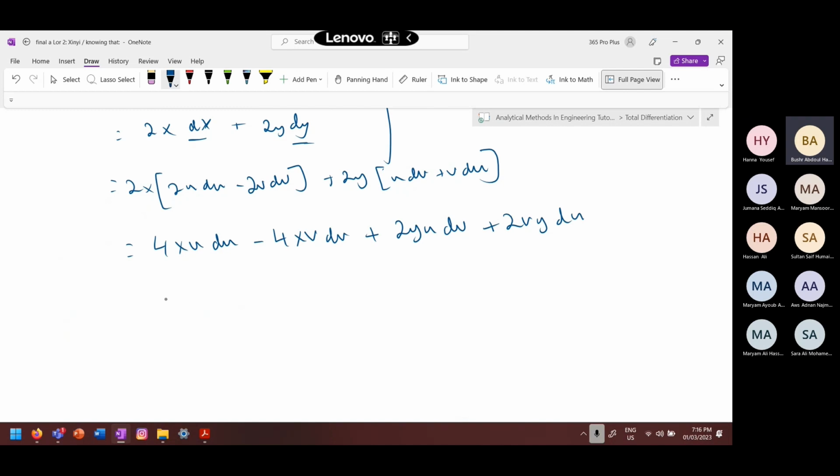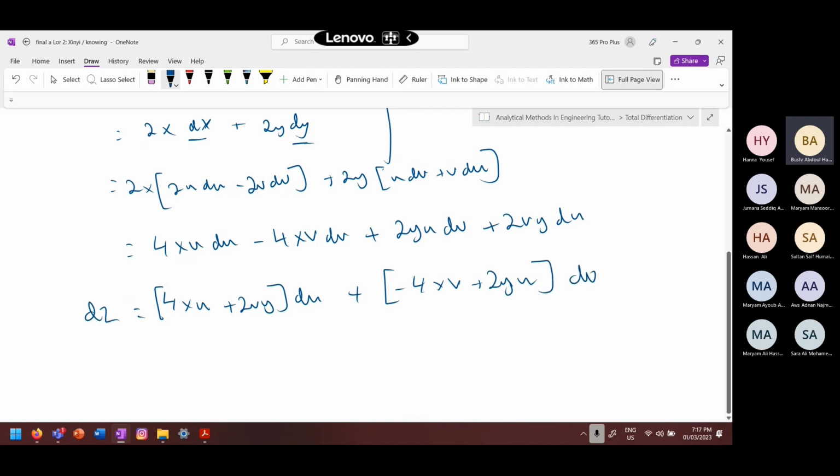You will get 4xu and 2vy du plus negative 4xv plus 2yu dv. This all is equal to dz.